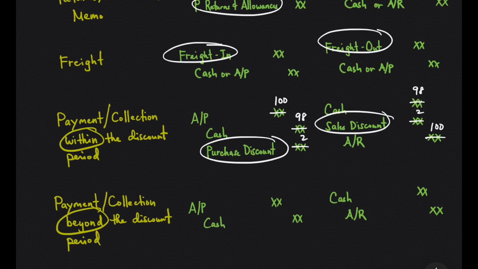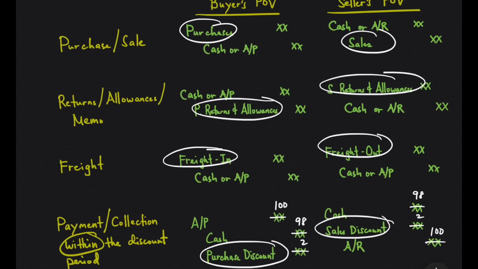Sales discount is a nominal account with the normal balance of debit, meaning if you want to increase it, you will debit it. And then for payment or collection beyond the discount period, I believe this is self-explanatory because this does not involve the new account titles. All the account titles encircled in white are the new account titles except for freight out, because freight out is just your delivery expense.